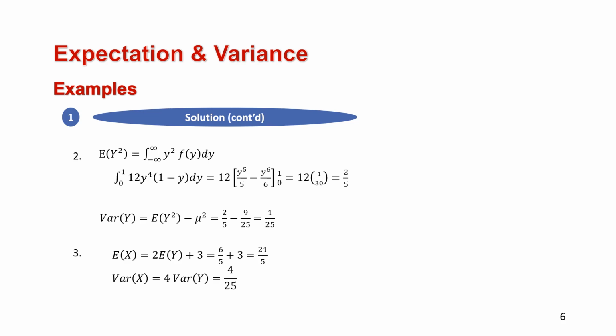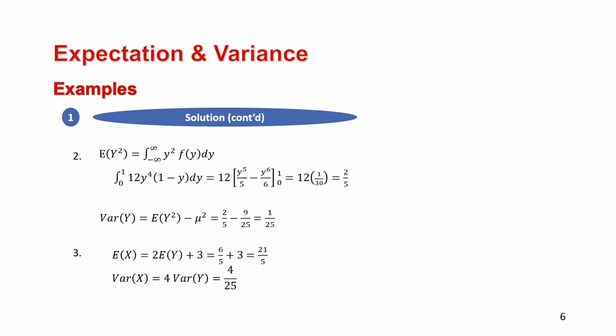Here we have 12, and let's multiply y squared times the PDF. If we multiply y squared times y squared times 1 minus y, but then you will get y to the power 4 times 1 minus y, or y to the power 4 minus y to the power 5.